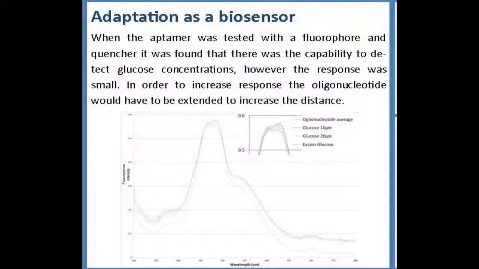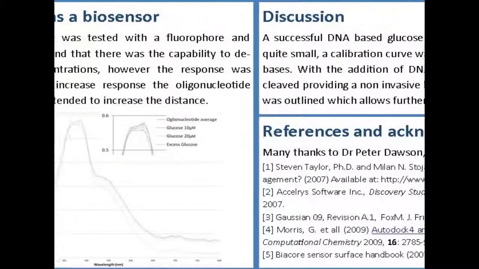However, this response is very small. This is likely due to the aptamer itself being very small in terms of distance. This could be refined by increasing the number of base pairs in the aptamer, or adding extenders to either end.